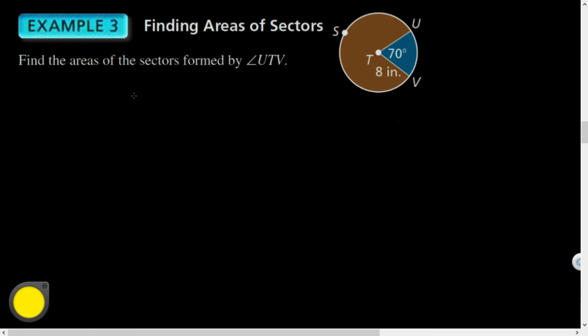All right, here we go. Find the areas of the sectors formed by Unreal Tournament V. So I know the radius. I know this arc. Let's find the blue one first.